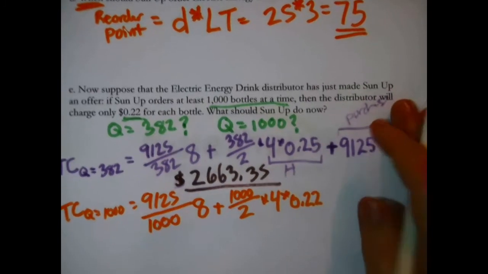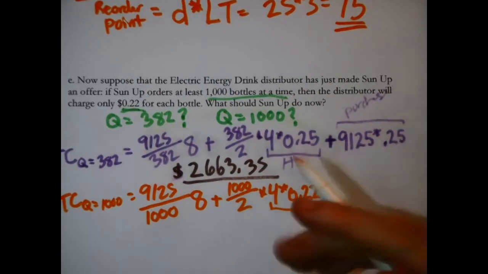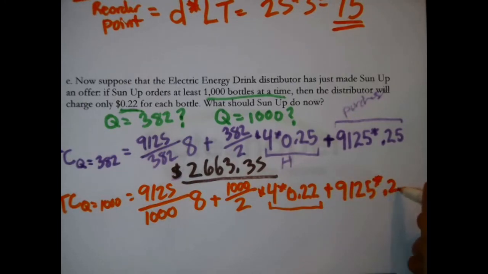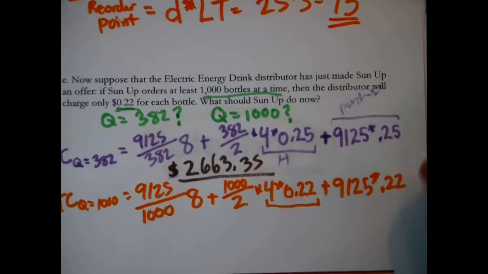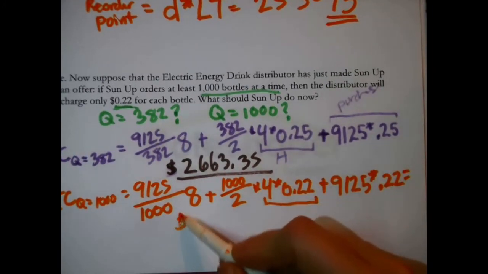Basically, H in this scenario is 88 cents instead of $1. But anyway, plus the purchasing cost, 9125 times, careful, 22 cents. That was the whole point of ordering them 1,000 at a time.